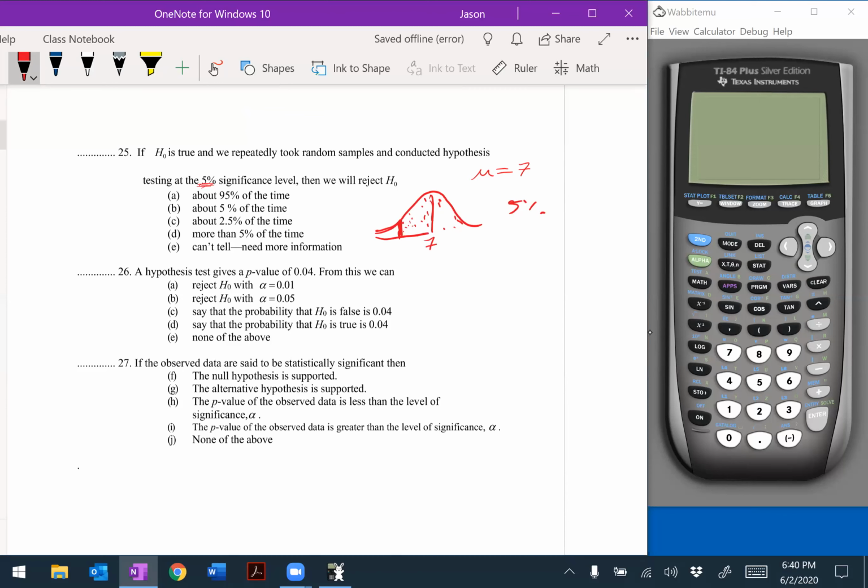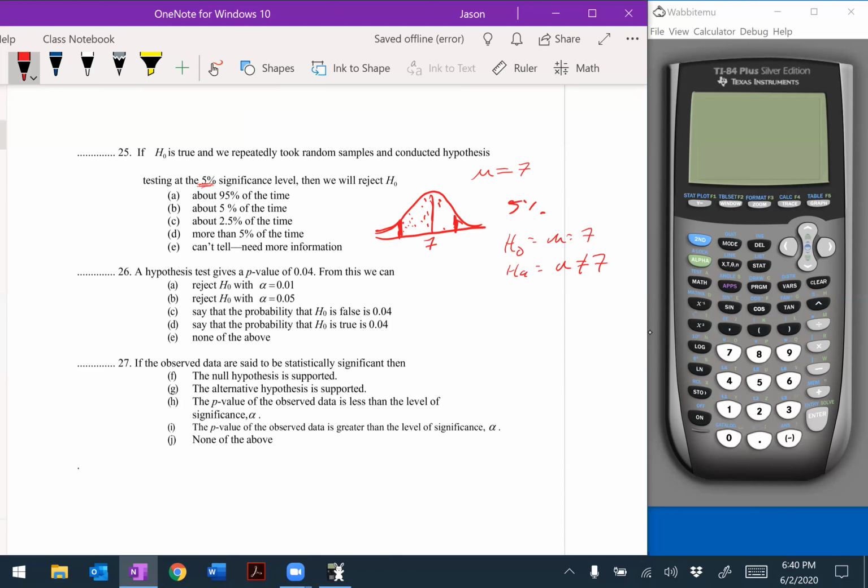Then approximately how much of the time would I reject the null? So H0: mu is equal to 7, HA: mu is not equal to 7.